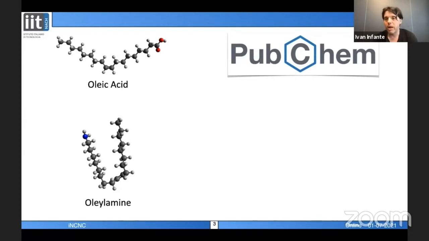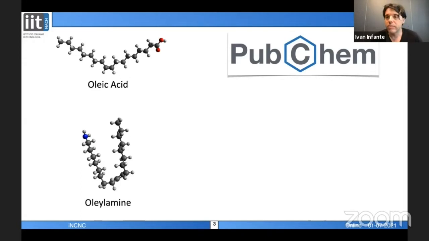But PubChem is a somewhat more extended database, because it includes also purchasable products, but also organic molecules that have been synthesized and that you can find in the literature. So in the literature, you can still find something that is probably not purchasable or that you can synthesize in situ.